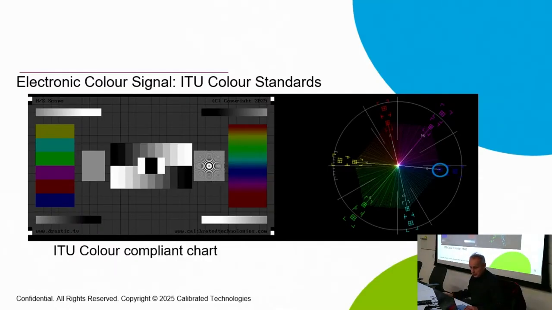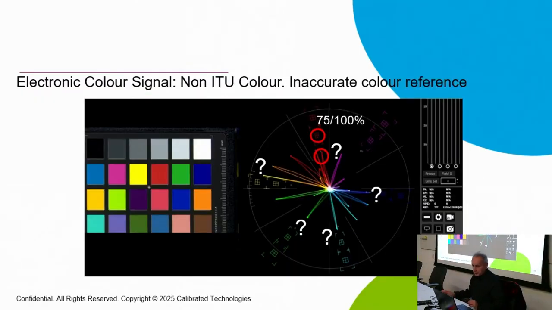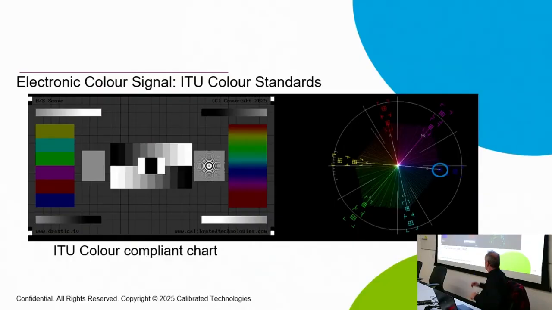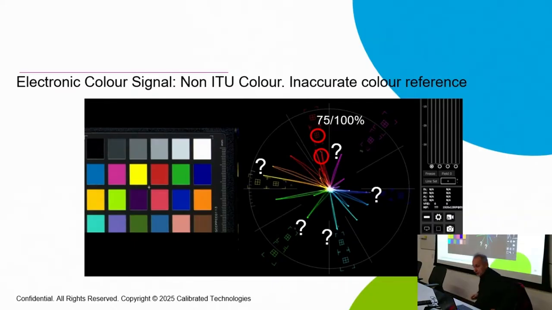Let's get a Macbeth chart. Put that up. When we look at the previous one, it sat in the exact points where it's supposed to. We bring up something like a Macbeth chart or a color checker, and that Macbeth chart was designed for film. That's what it was based on. Now, I've had a lot of arguments with people. I'm also on the ASC lighting committee.